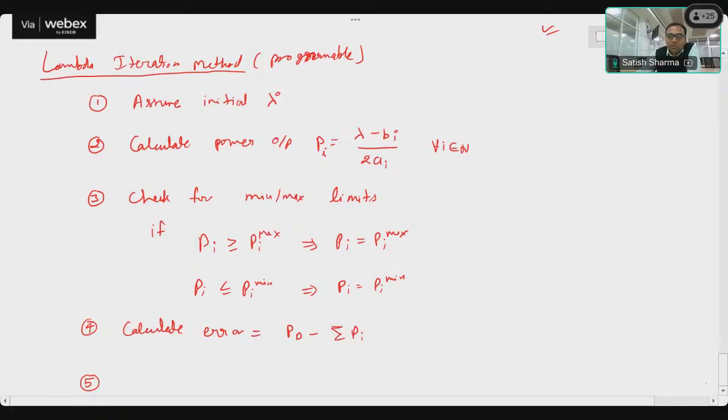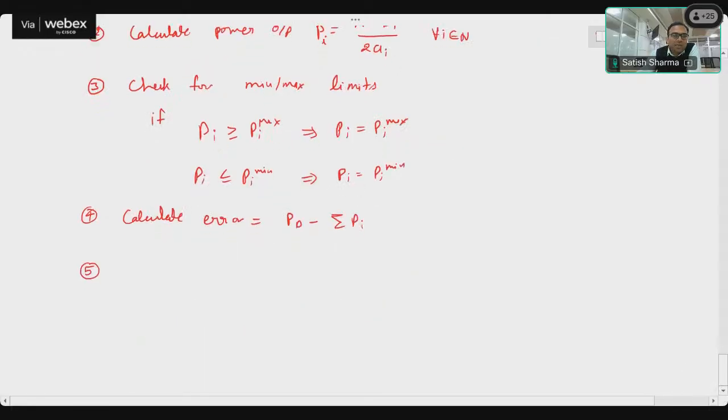So once we have calculated the error, we will update our lambda based upon the error. So lambda k plus 1 will be equal to lambda k plus some alpha times whatever error we have calculated.